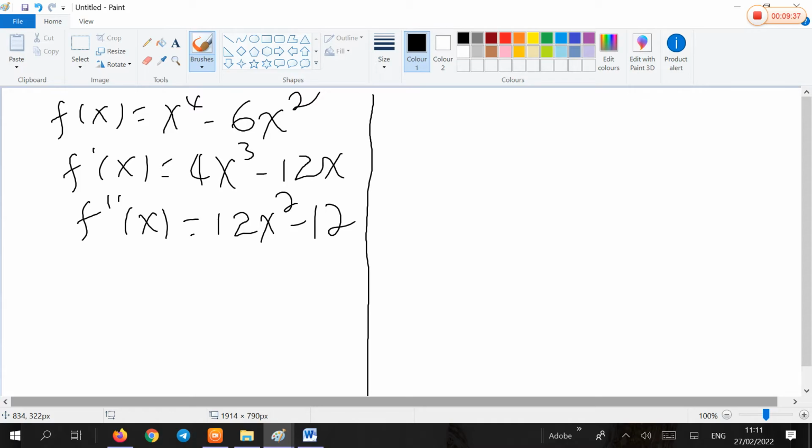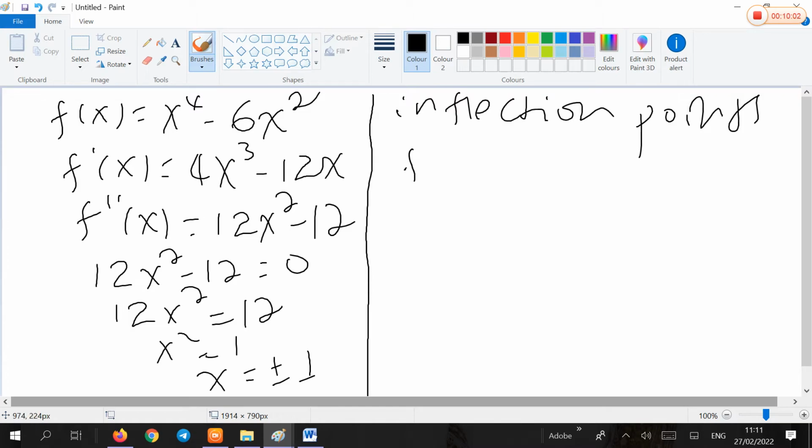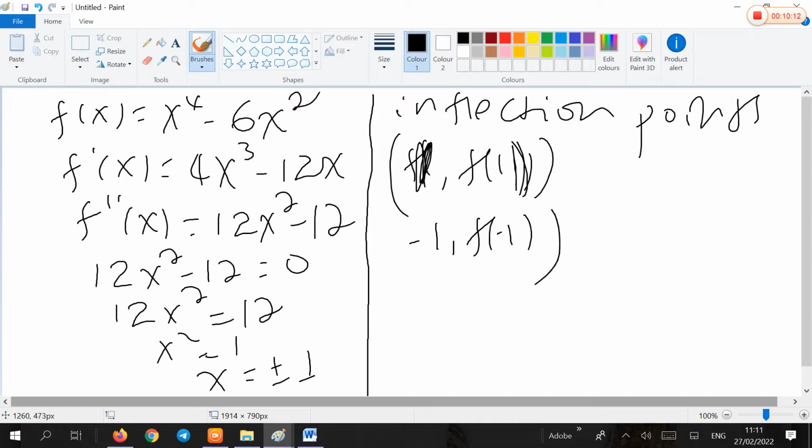So let's find the numbers which make the second derivative 0. 12x squared minus 12 is 0, or 12x squared is 12, or x squared is 1, or x is plus or minus 1. So the inflection points will be 1 and f of 1, and negative 1 and f of negative 1.